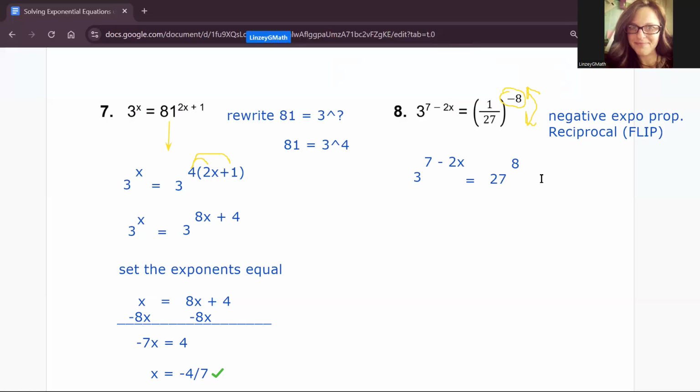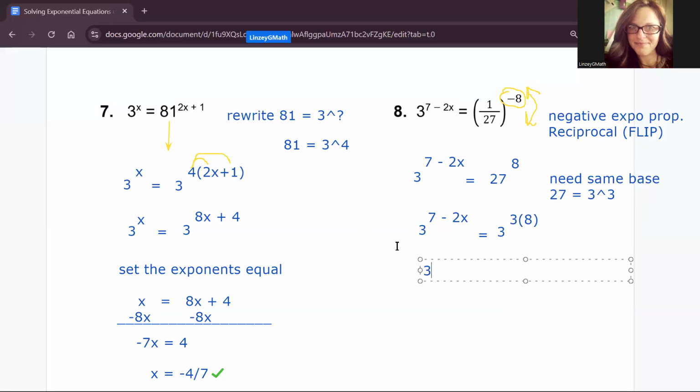Now we need the same base. So we're going to rewrite 27 as 3 to the power of 3. So we'll rewrite our equation, and we get 27 is 3 to the power of 3. And don't forget the 8 that was originally there.